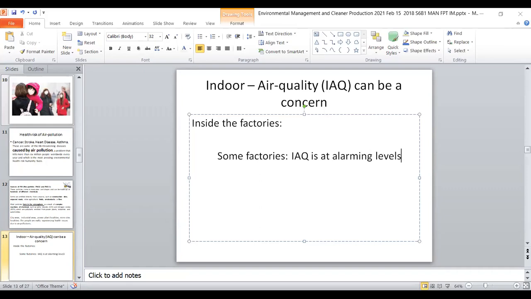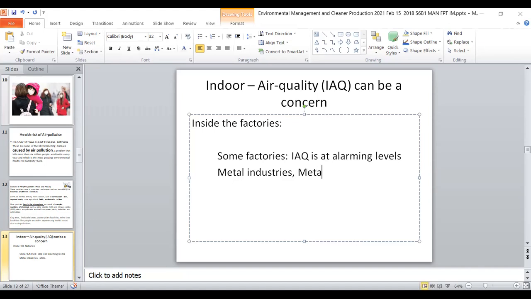You feel it because your body senses this. IAQ at alarming levels. For example, metal industries. You feel this. Dusts, emissions, all. Because by right it should be cleaner and safe for humans, but you can see metal industries.